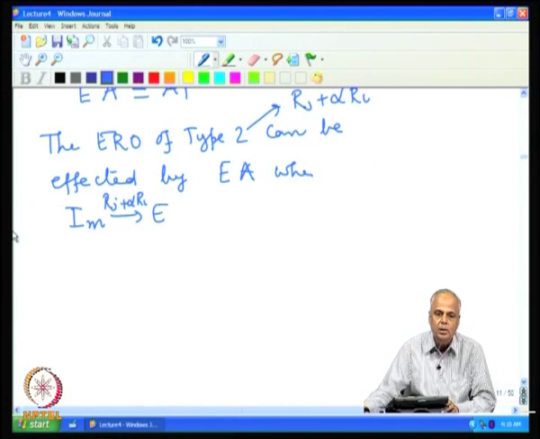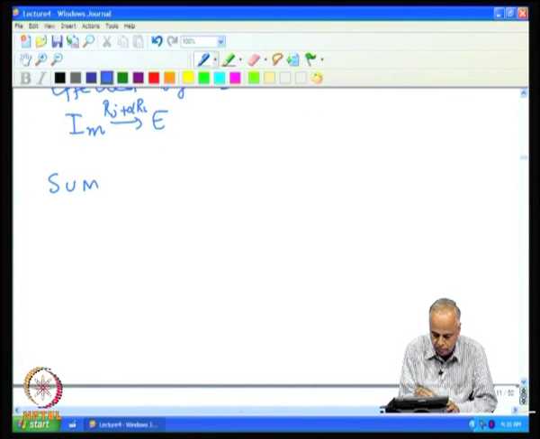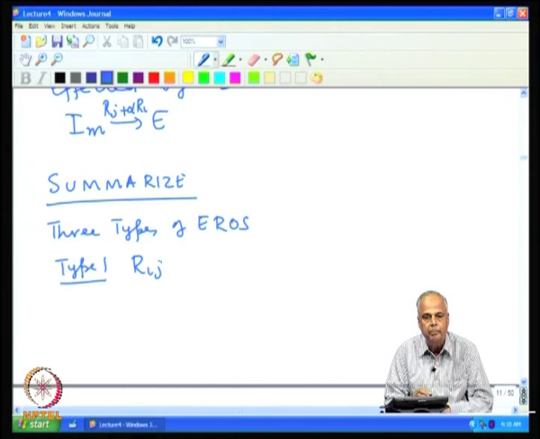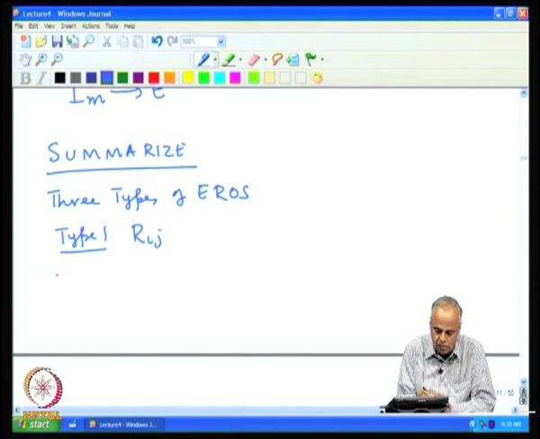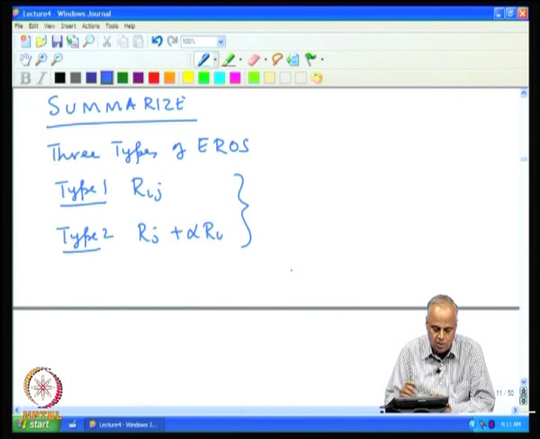Thus, in all the three cases, if we summarize, we see the following. We had three types of EROs. Type 1, which we simply denoted by Rij, interchange of ith row and jth row. Type 2, Rj plus alpha Ri. Now, what is the third type? What do these two have in common?